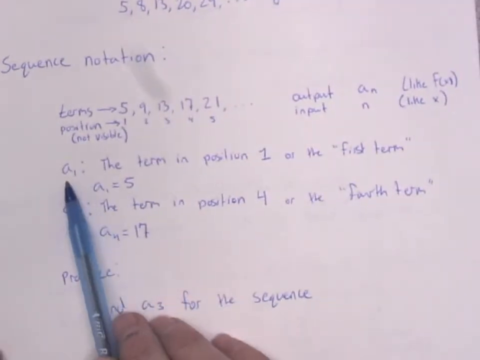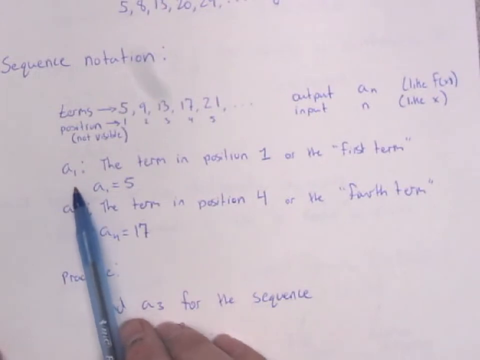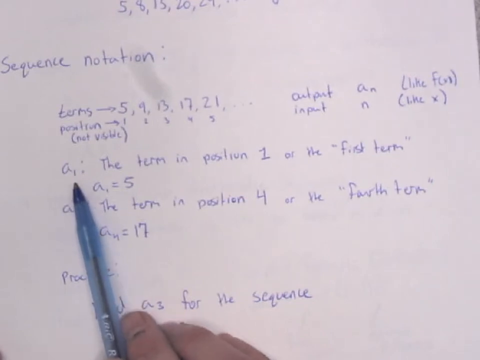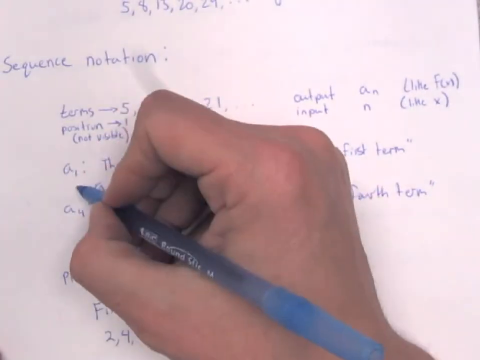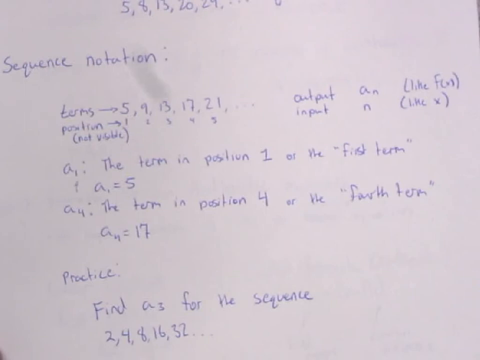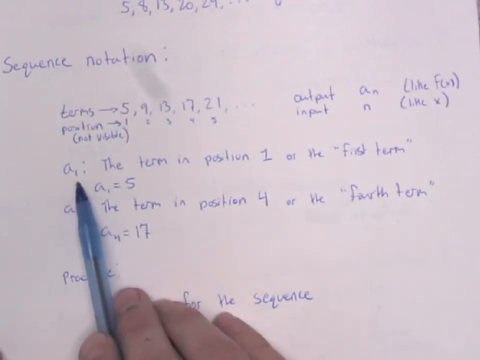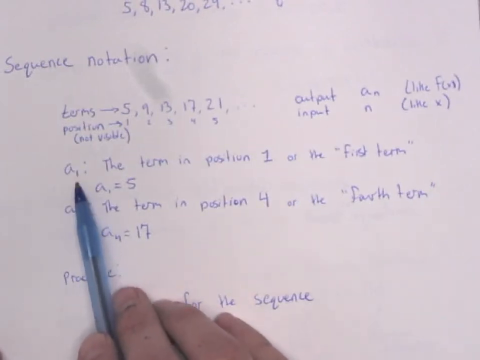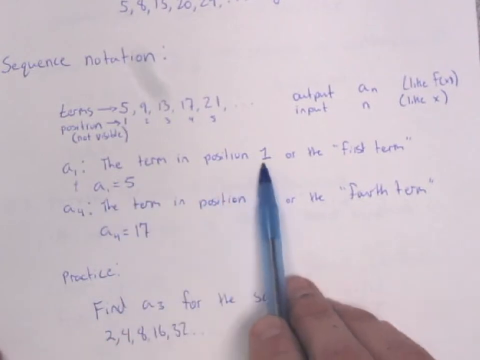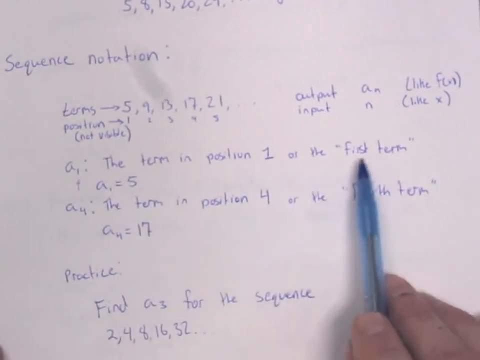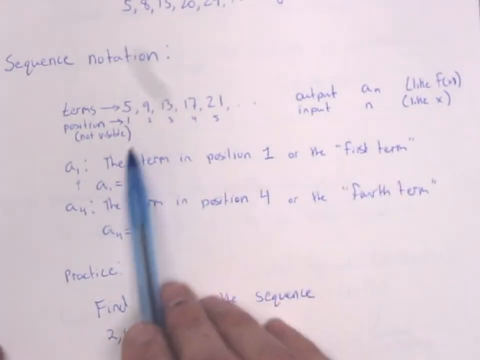If you see this, you would say a1 or a sub 1 or a of 1. All of those would be okay. A lot of times we just say a1. What this means is that little 1 is telling you the position number. Okay, so a sub 1 is asking you what term is in position 1, or we sometimes say that's the first term. So here's position 1.